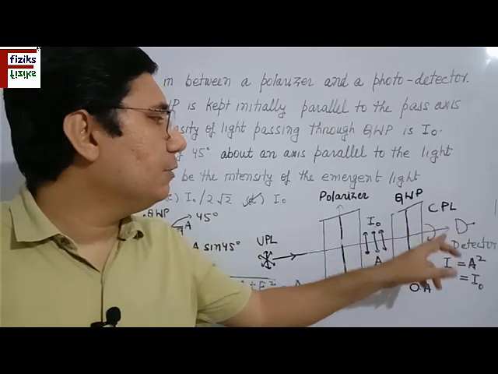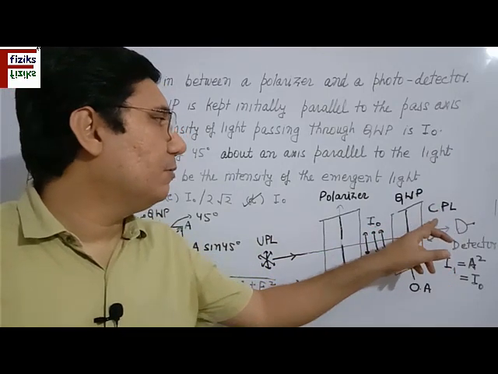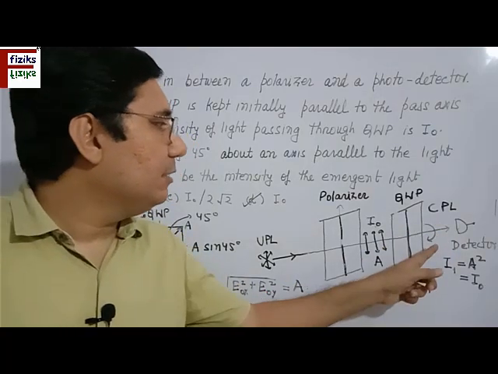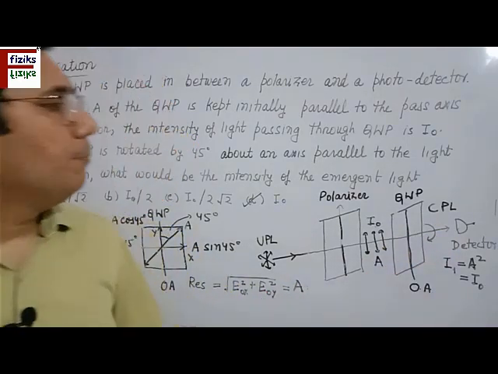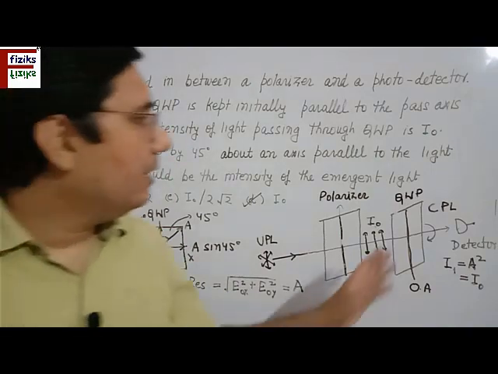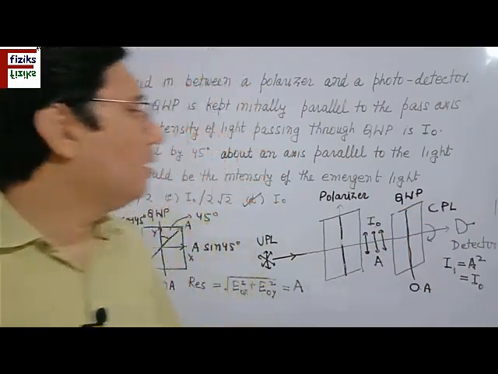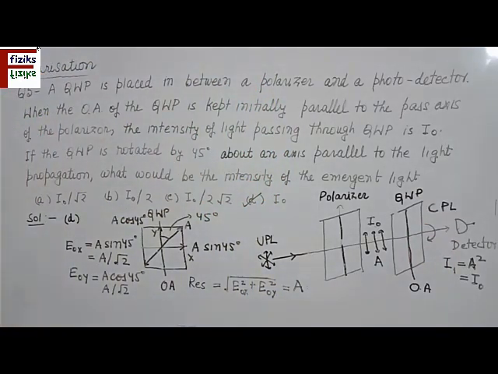Initially here we have PPL, plane polarized light, and in the second case after rotation you will have circularly polarized light, but the intensity in both cases will remain the same. So option D is correct here.